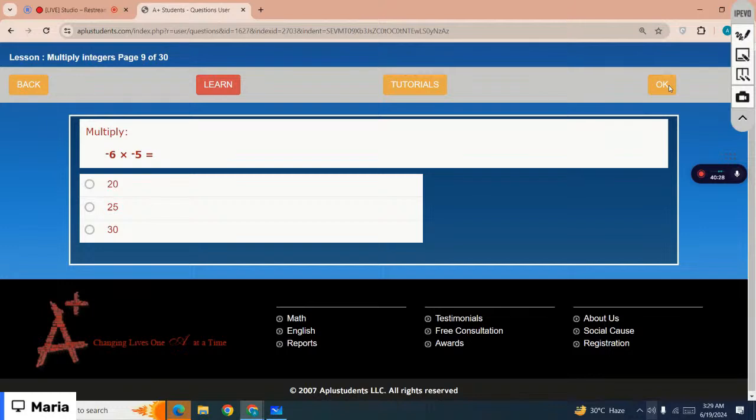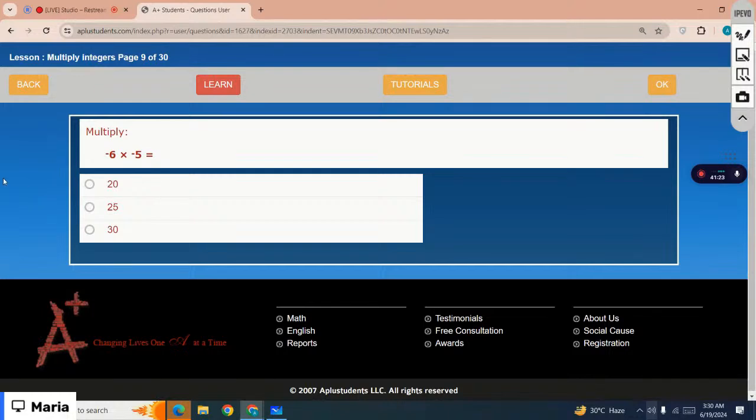Negative 6 times negative 5, which is the correct option? The correct option is 30.